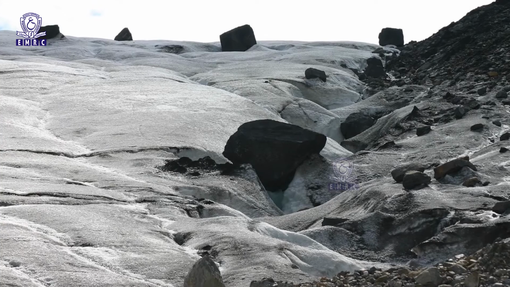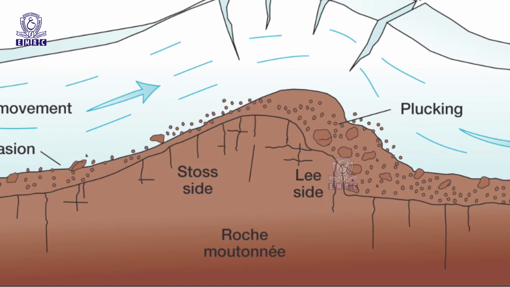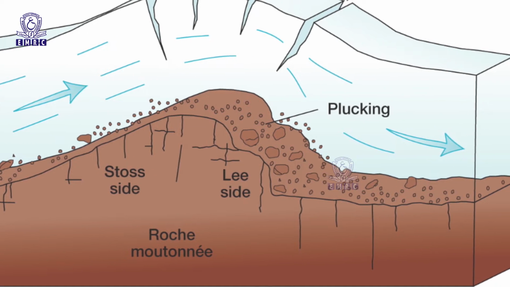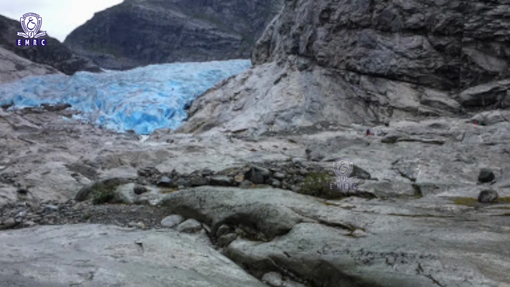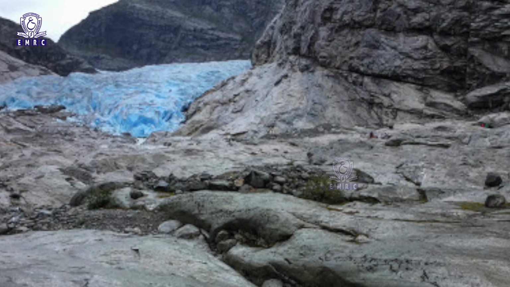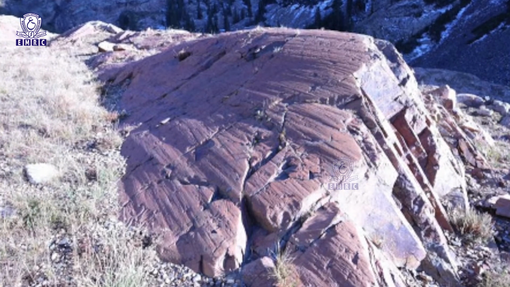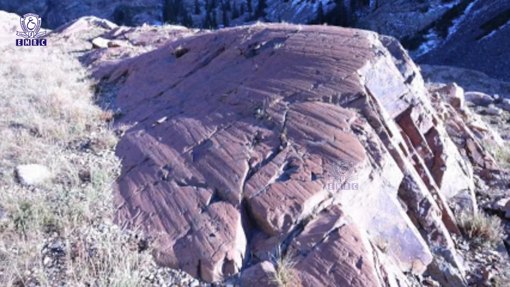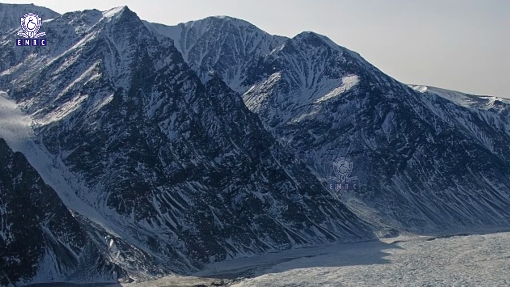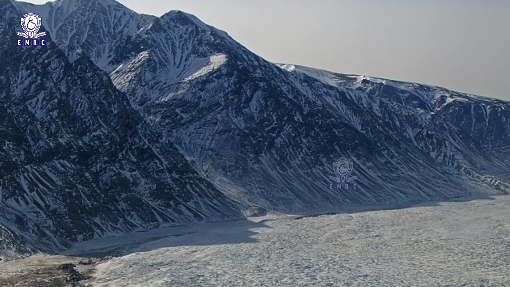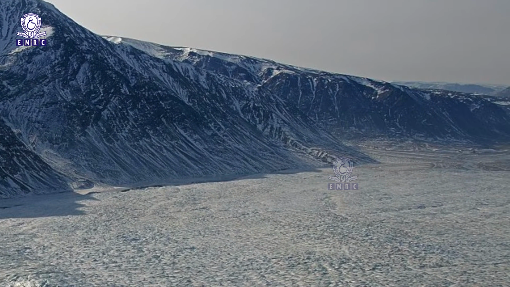These rock fragments polish, scratch and cut grooves on the rock surface over which the glacier moves. The size of the debris carried by the basal ice determines the type of abrasion. If the debris comprises sand and other small particles, the surface becomes polished. On the other hand, if the debris comprises gravel and rock fragments, the surface will get striated or grooved.